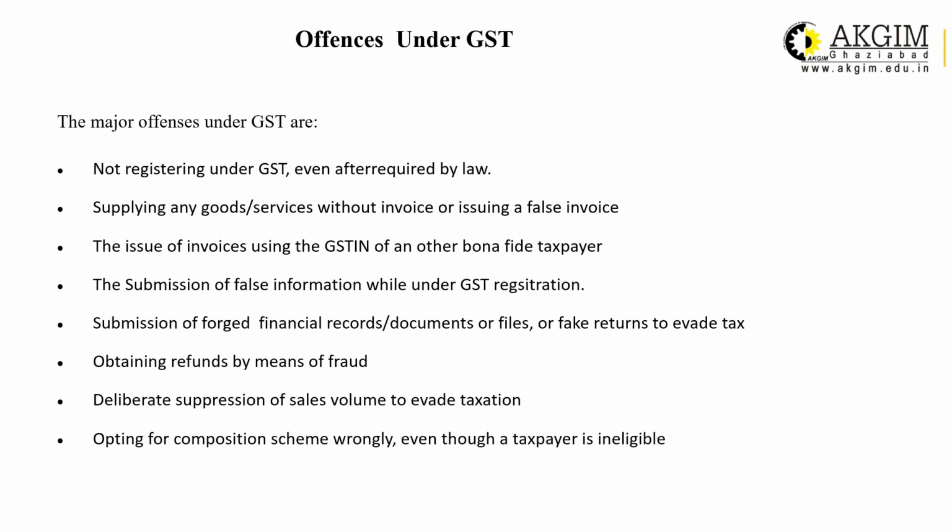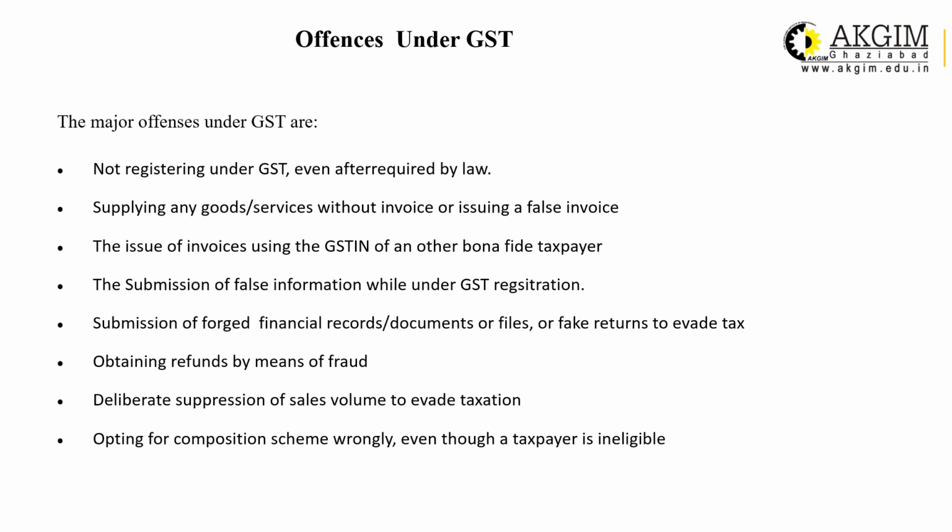Obtaining a refund by means of fraud, by giving wrong information, is again an offense. Deliberate suppression of sales volume to evade tax: if you are understating your sales value and turnover, not giving correct sales data, and intentionally doing so, that is an offense.